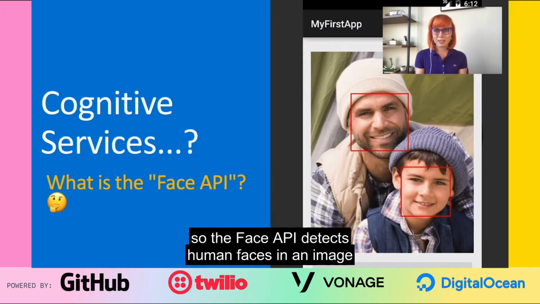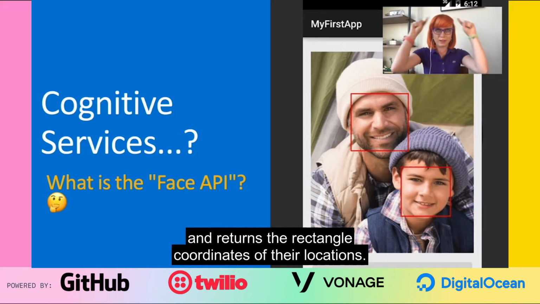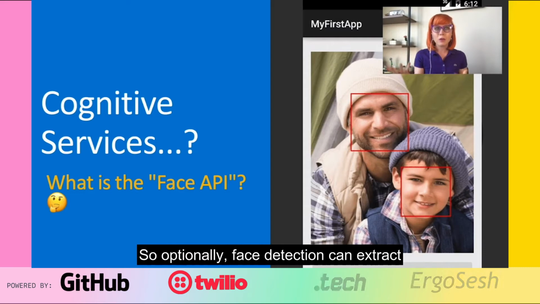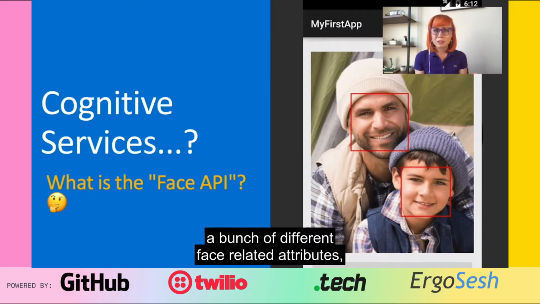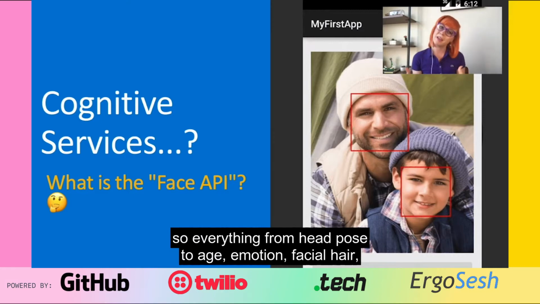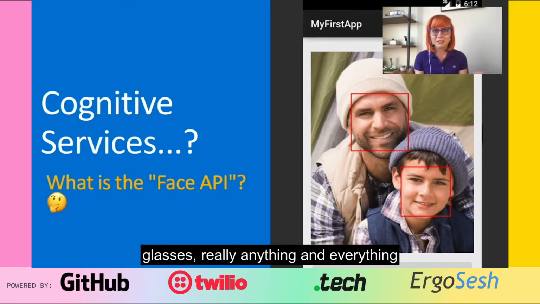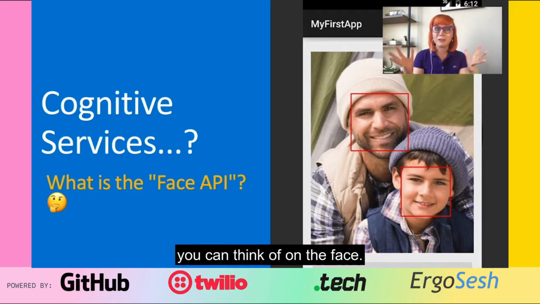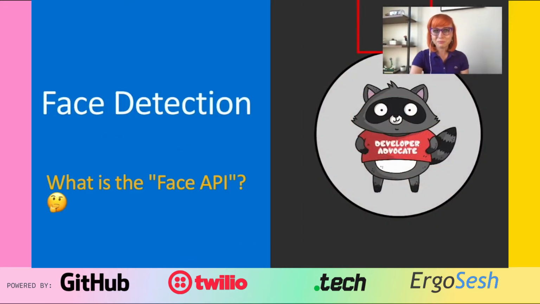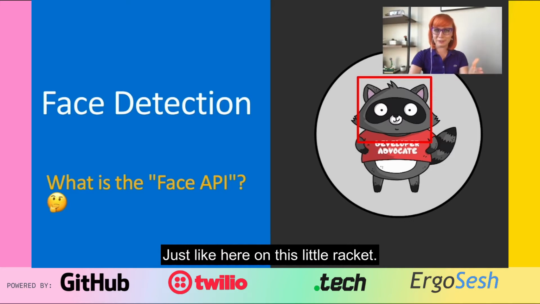The Face API detects human faces in an image and returns the rectangle coordinates of their locations. Optionally, face detection can extract a bunch of different face-related attributes, everything from head pose to age, emotion, facial hair, glasses, really anything and everything you can think of on the face. Just like here on this little raccoon.